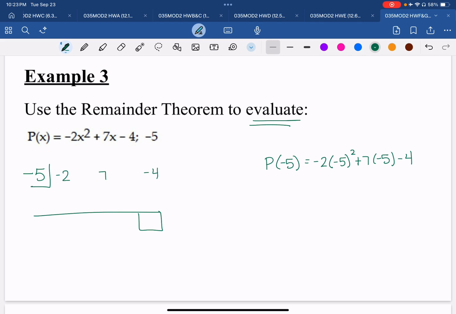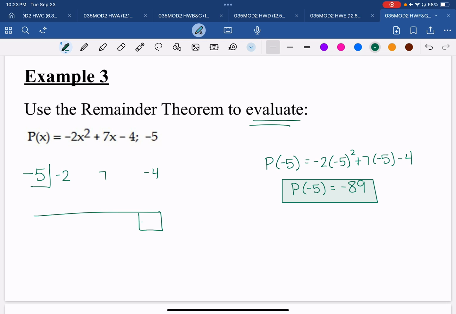If we did that and worked it out and put it in our calculator, it says p of negative 5 is going to equal negative 89. What does that tell us? That tells us that when I plug in negative 5, I get negative 89.